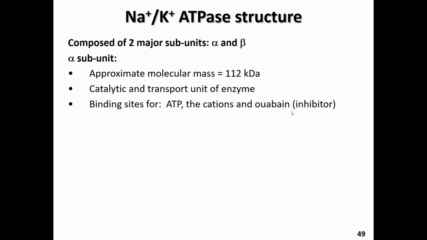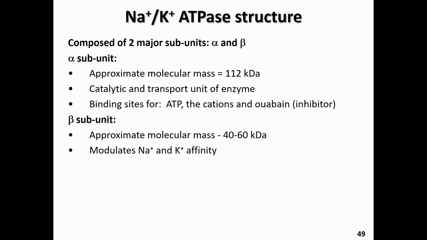And this is a compound that's used in experimental conditions to examine sodium potassium ATPase physiology under a range of different conditions. The second smaller unit, or the beta subunit, functions to modulate the affinity of sodium and potassium to the actual protein. So by modulating the affinity, this portion of the protein will reduce the strength of the connection between these ions and the actual enzyme.